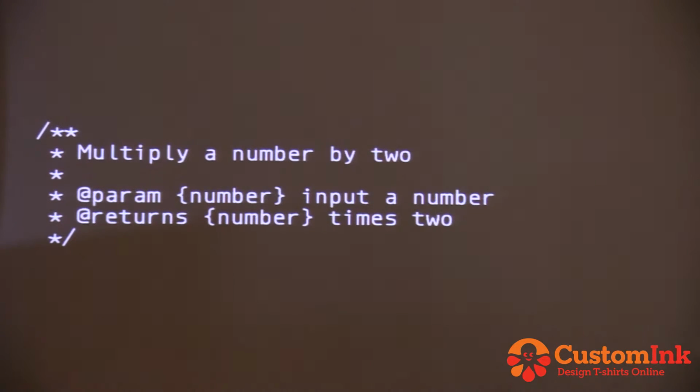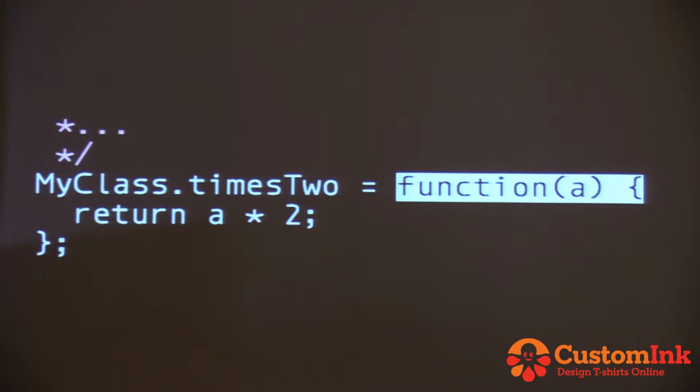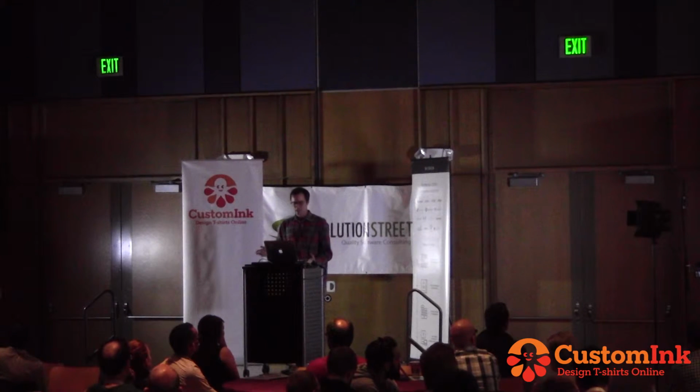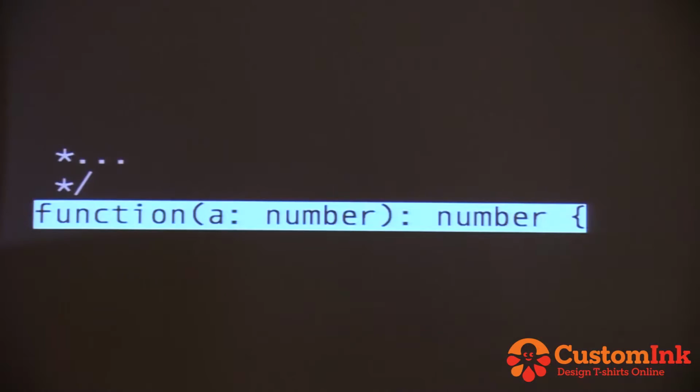There's still a lot in this that we actually don't need to write. So if we keep going, we'll look at this function called myClass.times2, function A. And I'm not sure, are people familiar with Flow or TypeScript?